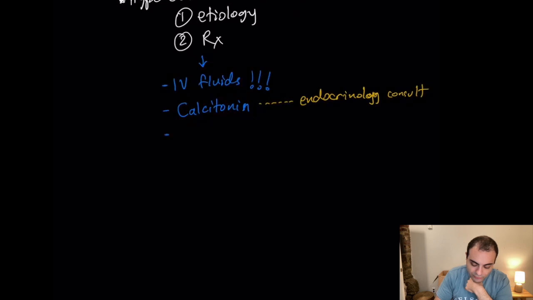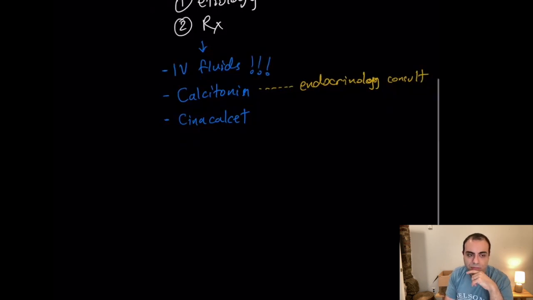Now, if the calcitonin doesn't work, what else can you give? You can give cinacalcet, which is another medication that will drive down the calcium by resetting the receptor. It acts on the parathyroid calcium receptor.